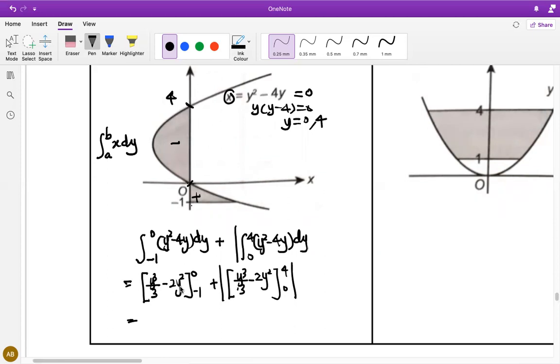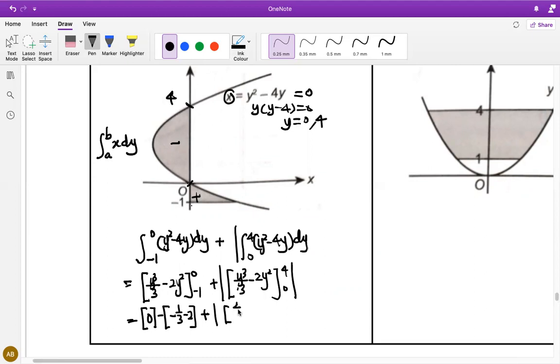All right. So you substitute in the value. So the first thing you get here is 0. Then you minus. You get negative 1 over 3. And then minus 2. Okay. And then plus modulus.